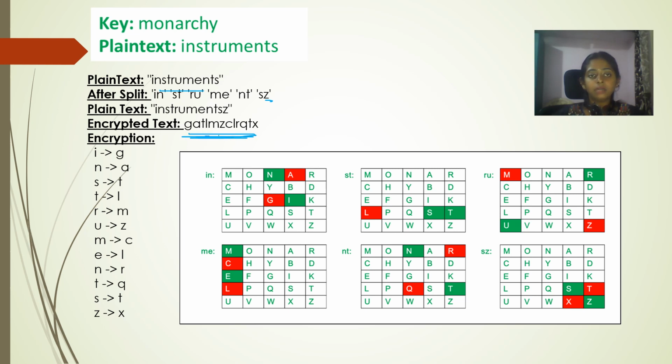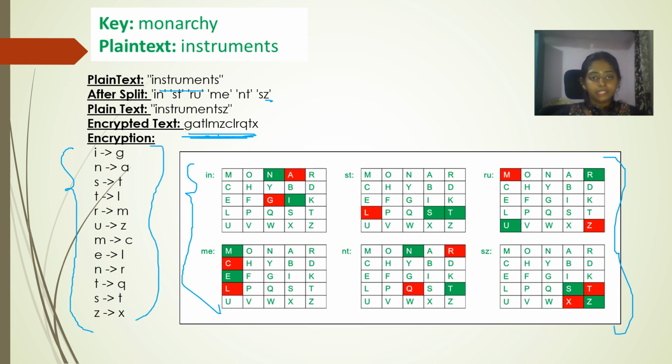How we got it is shown in these steps. For the first pair, IN, we will be following the algorithm. Then after doing all the procedure, we will end up with this as the encrypted text.